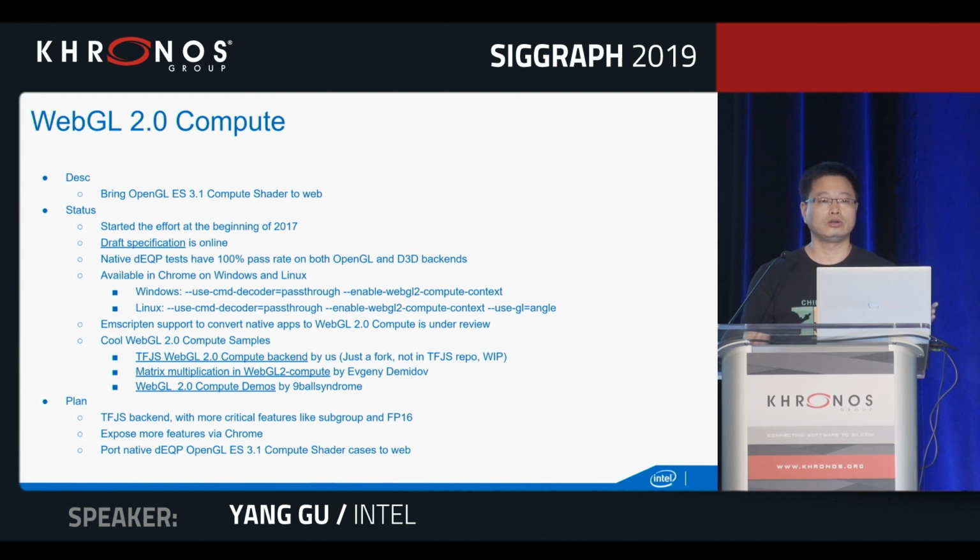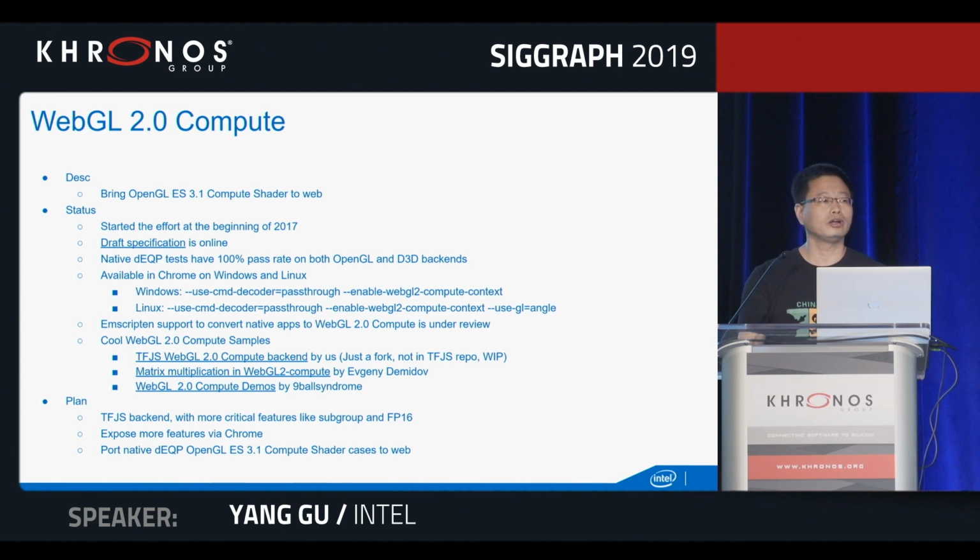And due to great contributions from the community, we already have very great samples here. For example, we are working on the TensorFlow.js WebGL 2 Compute shader backend. And thanks to the great work by a Russian physicist named Evgeny, he did all the great work to optimize the matrix multiplication based on WebGL 2 Compute.